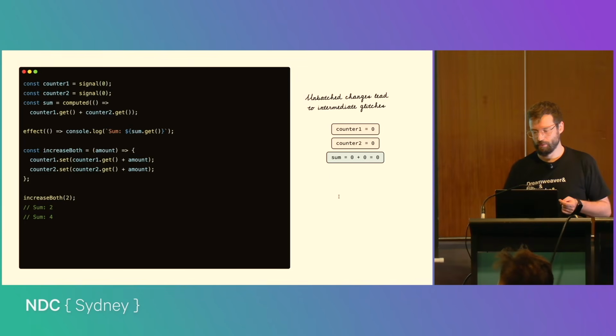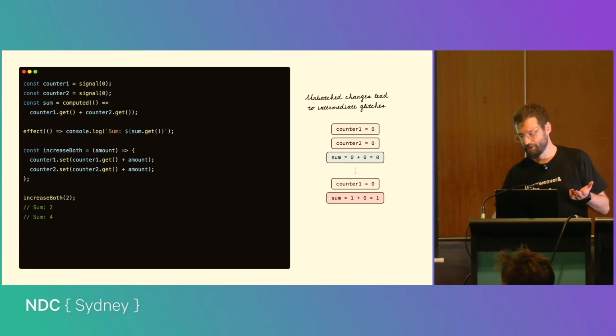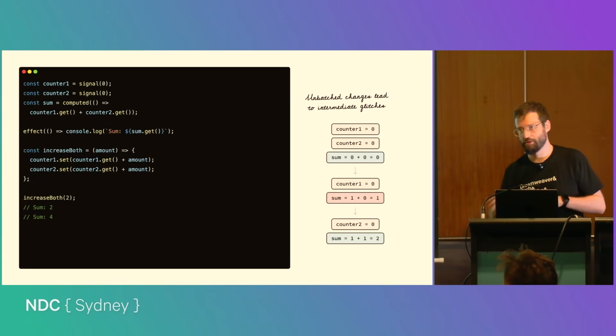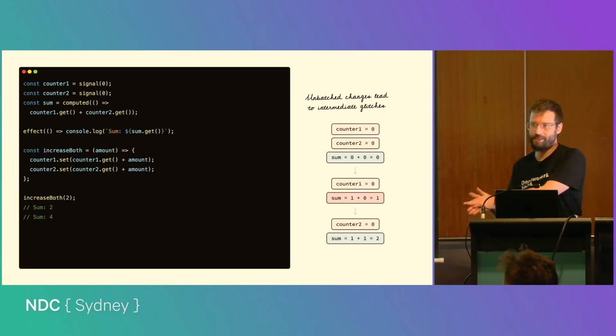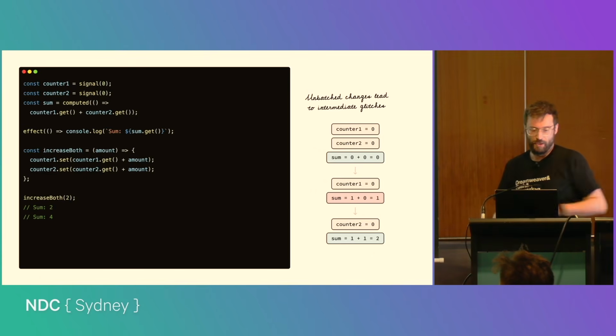We would increase counter 1, which would cause the sum to recalculate with the new counter 1 but still the old counter 2, and then it would increase counter 2. So you have an intermediate state where in your UI, if it's not fast enough, you could see a glitch of it going to 1 first and then to 2. Modern frameworks work around that, and they batch any signal updates within the same render cycle.